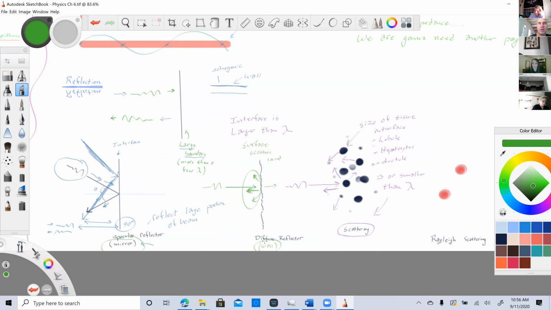Between mirror and wall, you look in a mirror to see yourself. That mirror is large enough, the interface between the air and the glass is large enough for you to look at. It's basically larger than the wavelength. This is just an analogy.